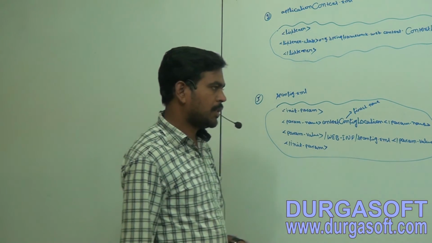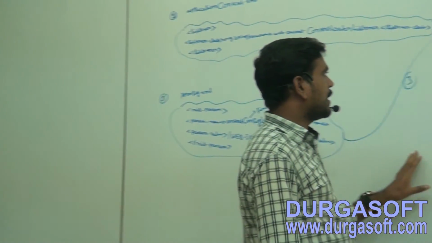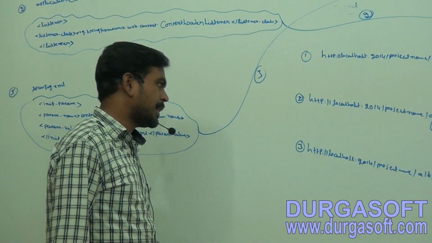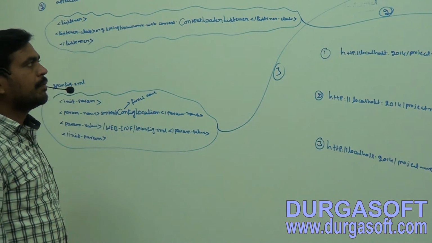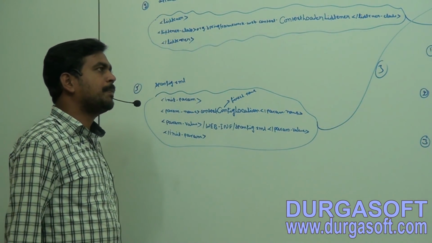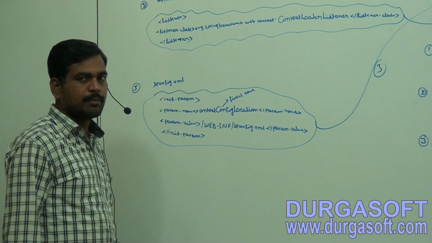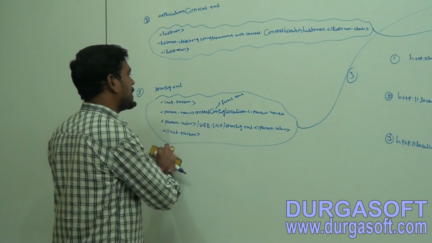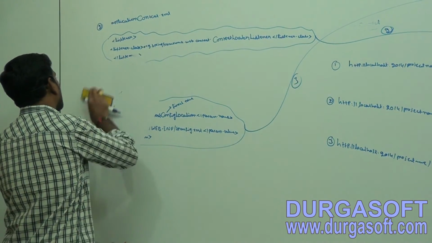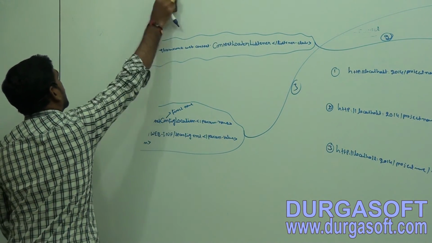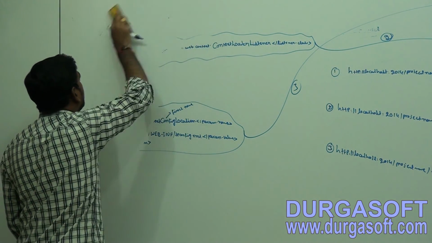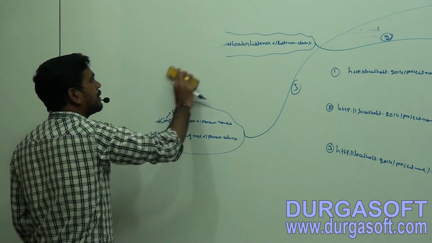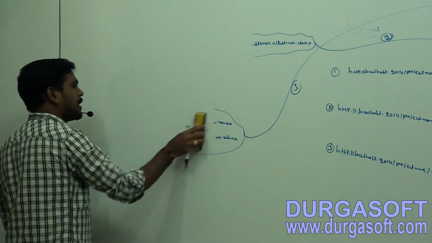Now there are 3 ways we can load the configuration files. Fine. Now we will see the Spring request flow. That is the main thing for the entire Spring. Based on that request flow, the applications are going to work.